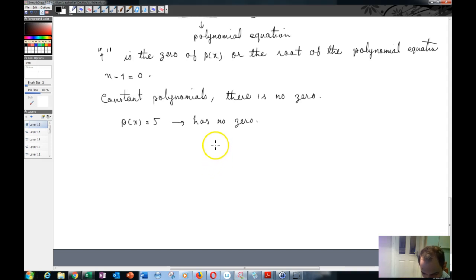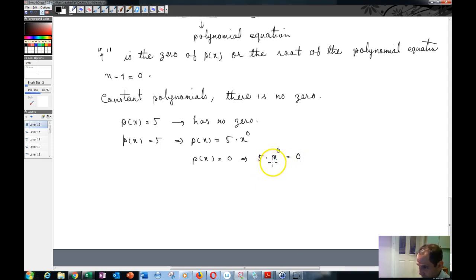And the reason for that is that if you say that p of x is equal to 5, then you can write this as p of x is equal to 5 into x raised to the power 0. And in order to find that x, you would have to set p of x is equal to 0. And so 5 times x raised to the power 0 is equal to 0.